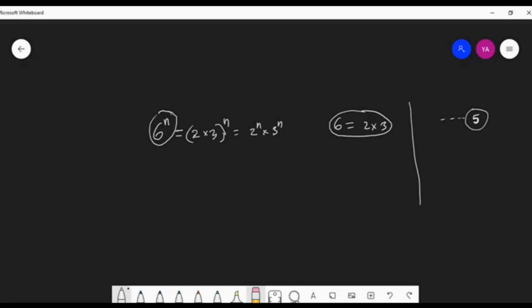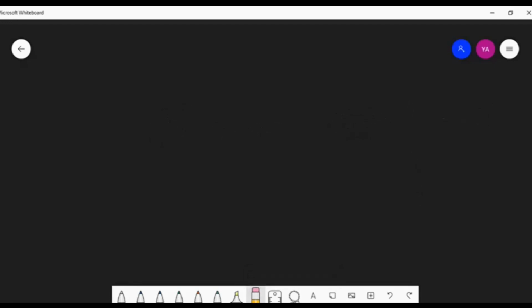So 6 raised to n is an even number, but a number that ends with 5 is an odd number. So it cannot be, right? It is a contradiction. 5 cannot be in the units place because 6 raised to n is always even. Like this also you can give the proof. I think both take almost the same effort.